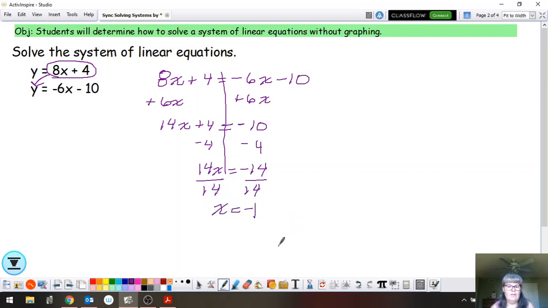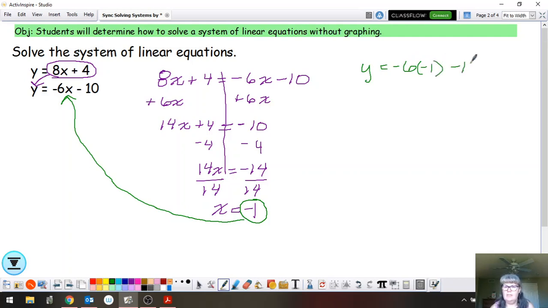But I'm not finished. In order to solve a system, I also need to know what y equals. So I'm going to take this negative 1, and I can substitute it in for x in either equation. I'm just going to go ahead and substitute it for x in the second equation. So y equals negative 6 times negative 1, subtract 10.